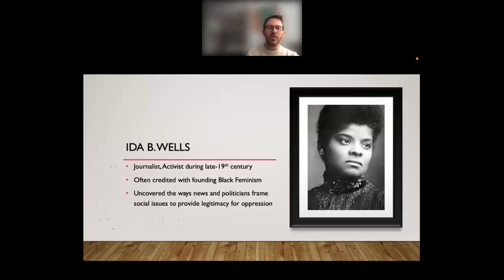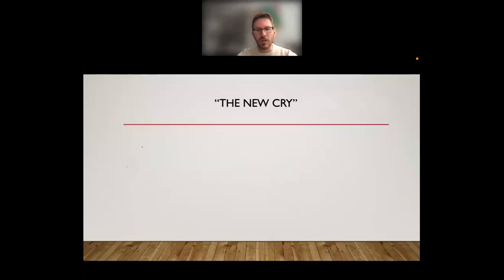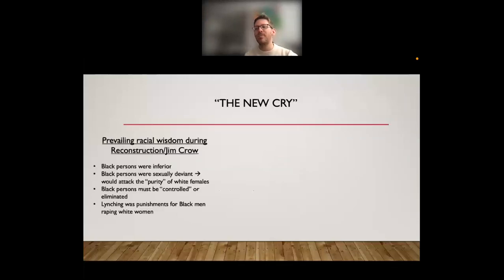She uncovered the ways in which news and politicians frame social issues to provide legitimacy for oppression and violence. And in her book, Southern Horrors, this is what she did. The prevailing racial wisdom during Reconstruction and the Jim Crow era was that Black persons were inferior, they were sexually deviant, and would attack the purity of white females, and that thus they must be controlled or eliminated.